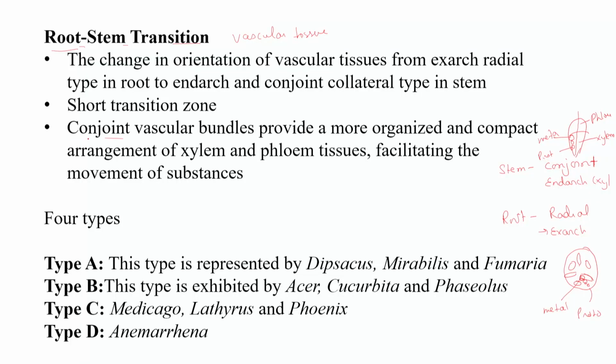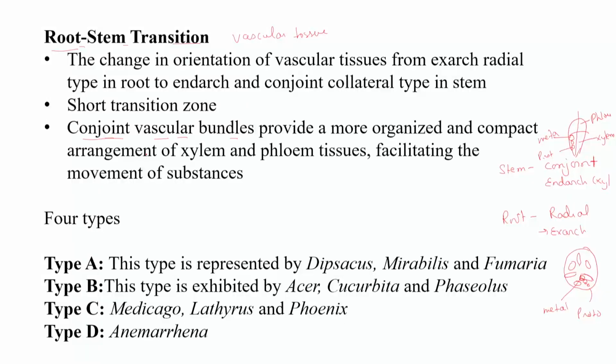So the answer here is that these conjoint vascular bundles provide a more organized and better transportation system, and with the evolution in plant tissue structural organization, this type of arrangement evolved to better facilitate the movement of substances as the plant evolved from water systems to land plants.